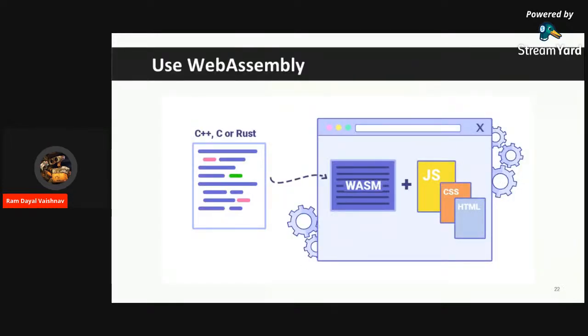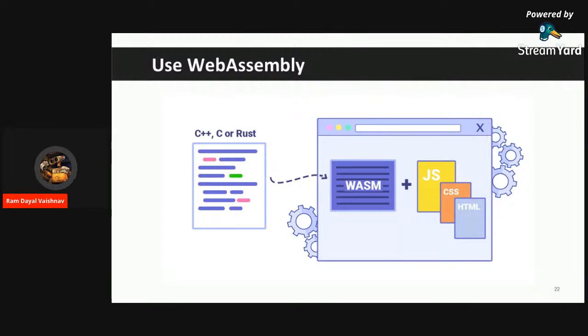Now, what is happening inside is you have C, C++, Rust, or any language, and you are creating a WASM file. Now that WASM file is being served along with JavaScript to the web. There are HTML and CSS files, but what you have is HTML, CSS, JavaScript, and WebAssembly.